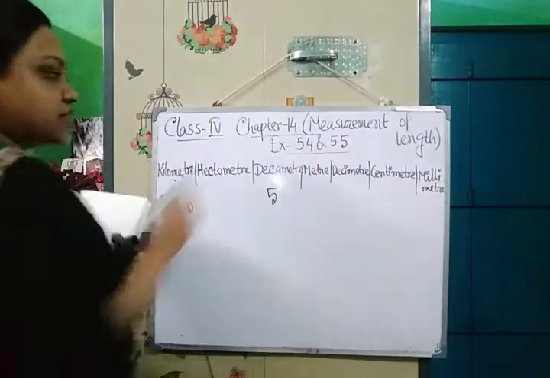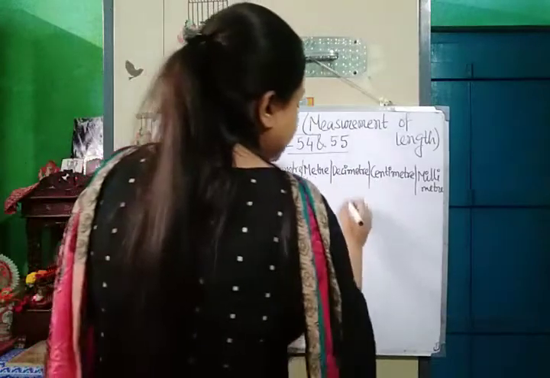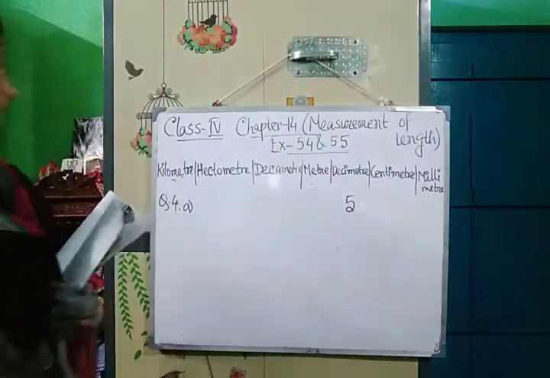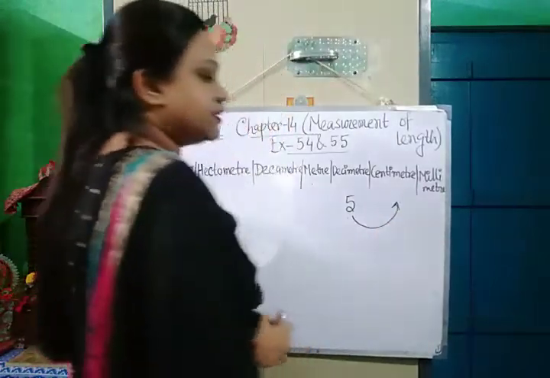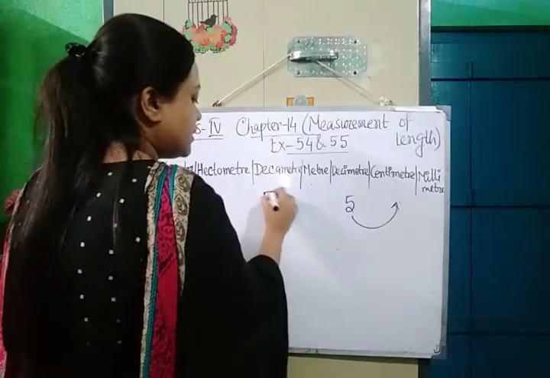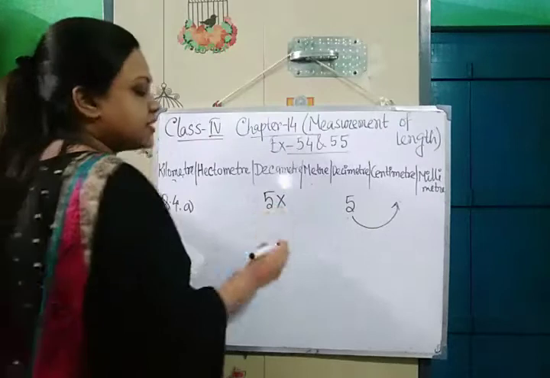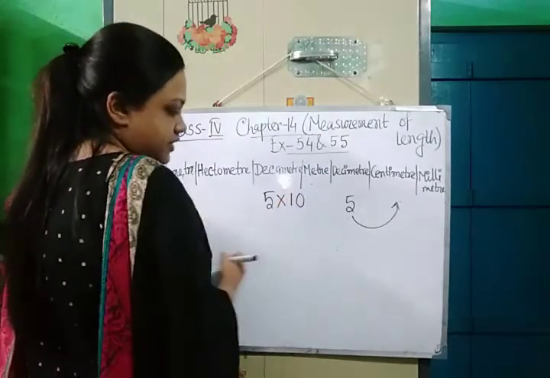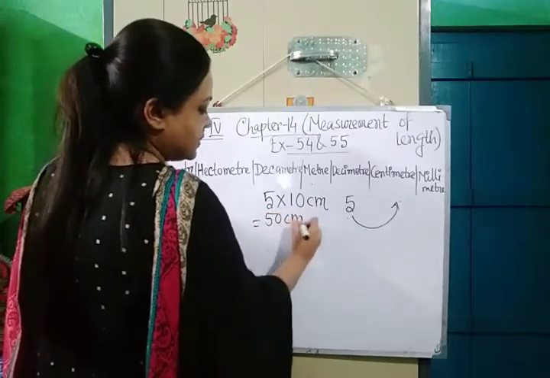Now decimeter to centimeter, sorry, I have written decameter in the place of decimeter, 5. Now see, decimeter to centimeter, again we are moving to the right. How many places? One place. So we will multiply 5 by 10, and it will be centimeter. So it is 50 centimeter.